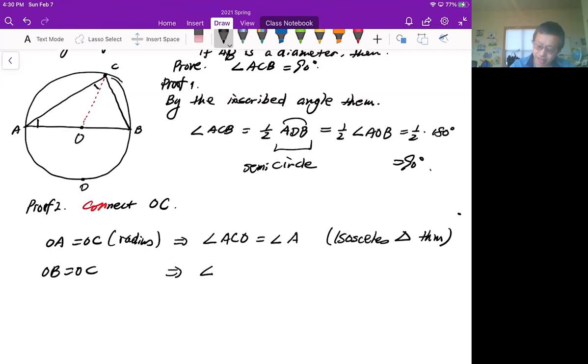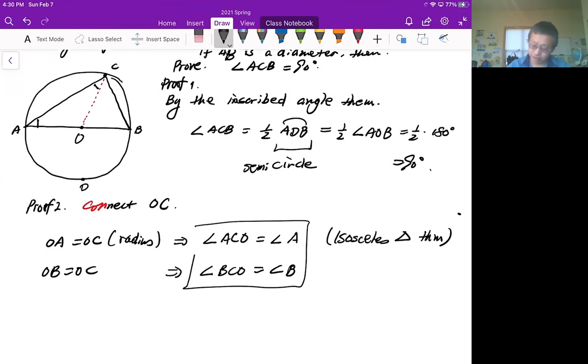So we can have the angle BCO equals angle B, same reason, right? And then I have the two together. You see that? I'm going to add the two together. The left hand side, ACO plus BCO, is just the angle ACB.